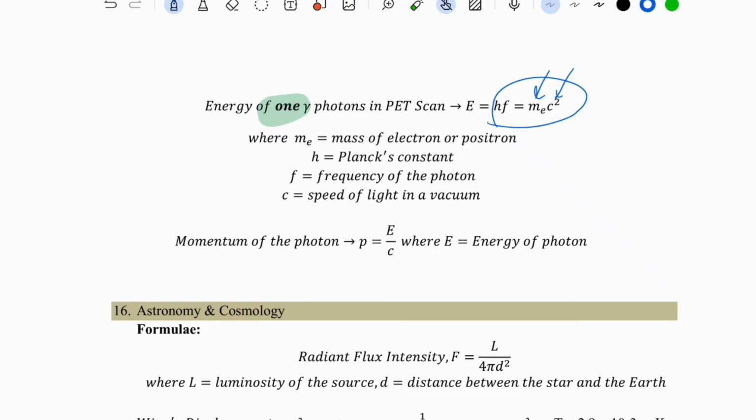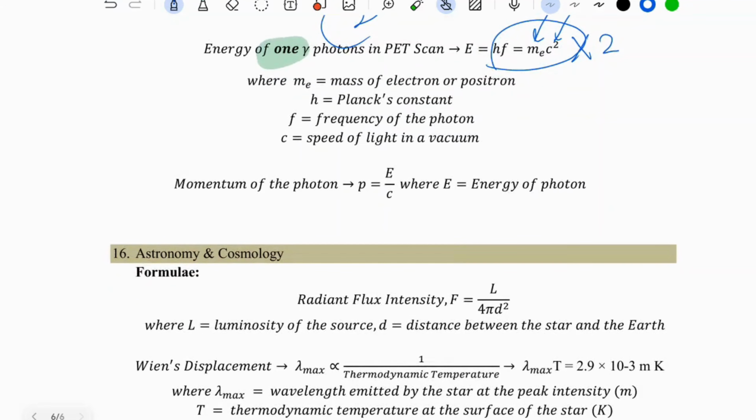If they ask for 2 photons, make sure you multiply by 2. Don't forget. Last one of this chapter, momentum of the photon, we have the formula E over c, where c is the speed of light in vacuum and E is the energy of the photon.